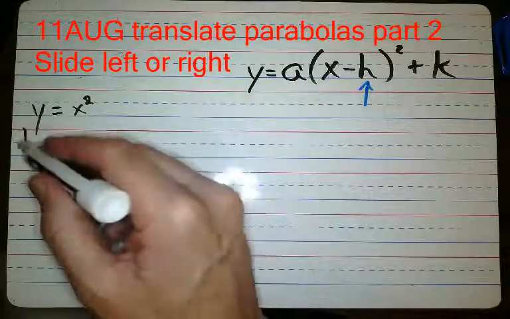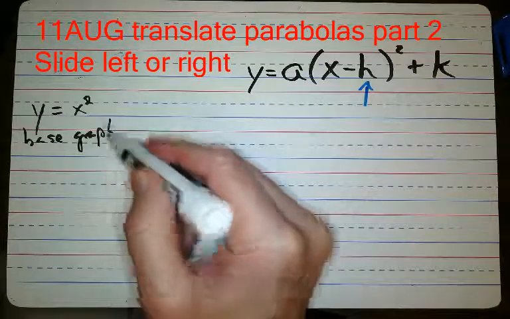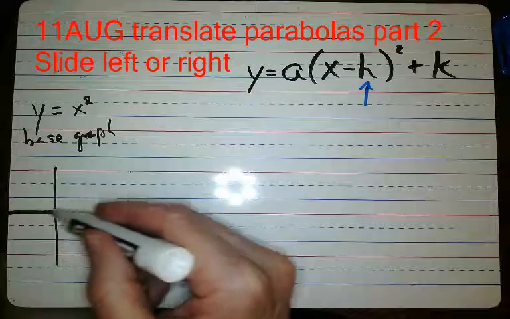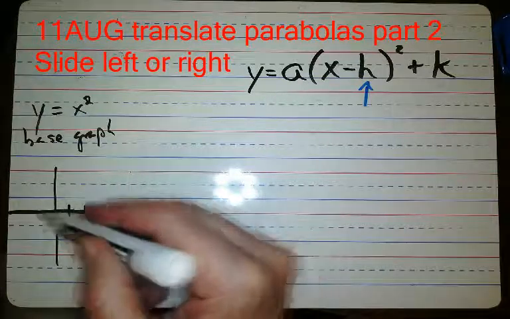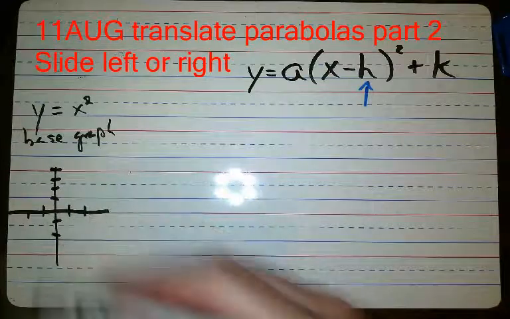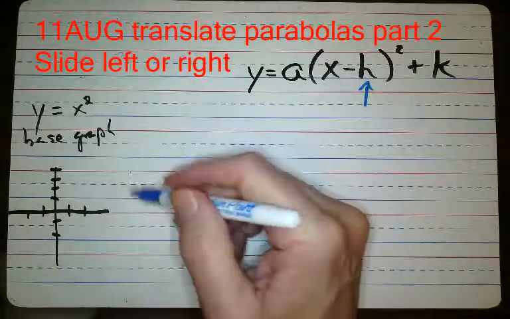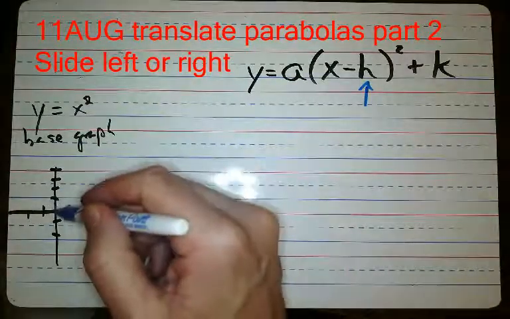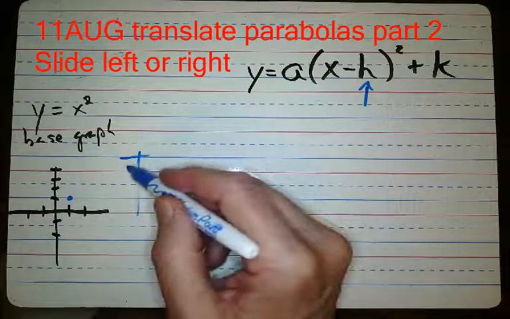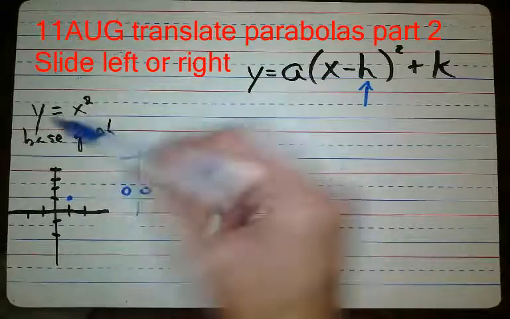The original graph, the base graph, is a parabola that looks like this, and we know the values of this. Whenever 0 goes in, 0 squared is 0.